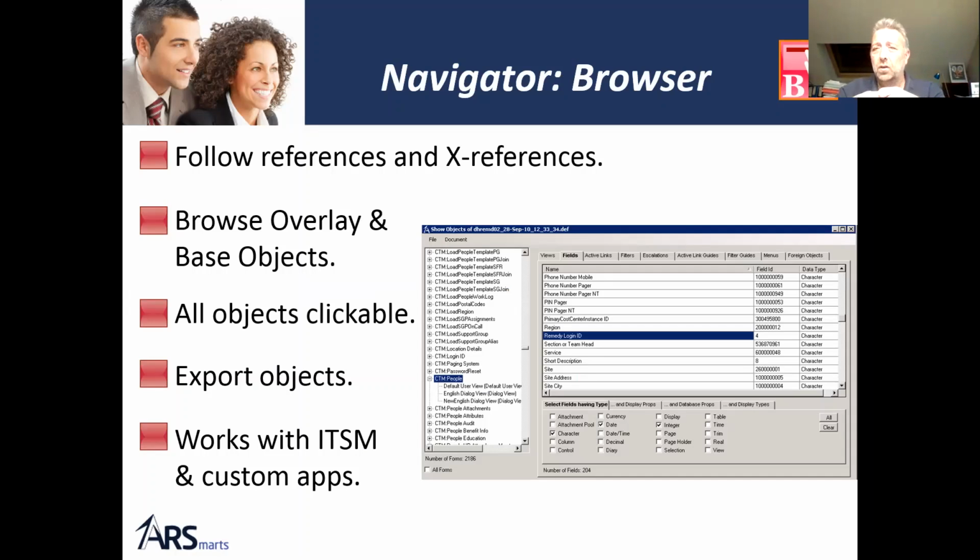In the forms, you can find a field, even if it's hidden, even if it's in no view, then you can click the field and you can find all the filters and active links and escalations that act upon this field, that read this field. You can go and look into cross-references and things like that. Basically, in that interface, all objects are clickable. So you can really follow the track, go from a form to a field, from a field to a filter, from a filter to another field, etc.